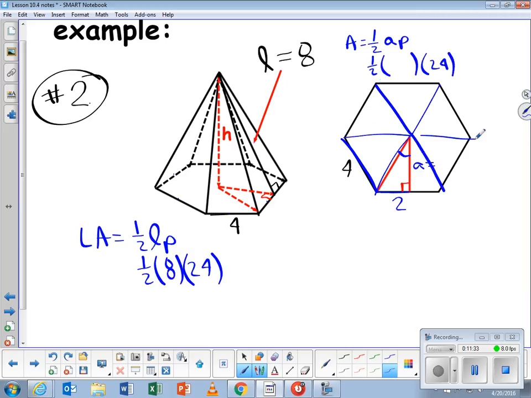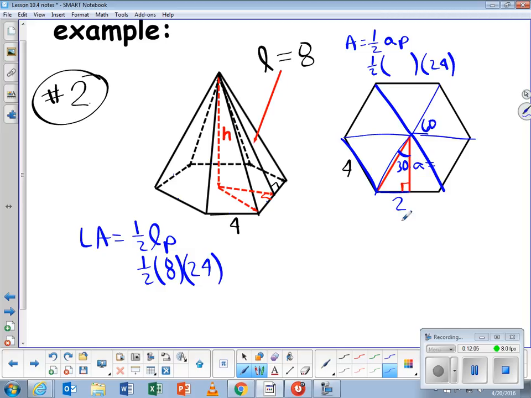How many equal pieces are there? 6. 360 divided by 6 is 60, so that means each one of those is 60, so this little one here is going to be 30. It's going to be half of that 60. So we have a 30, 60, 90. If you don't remember the rule for 30, 60, 90, then you'd have to use trig.